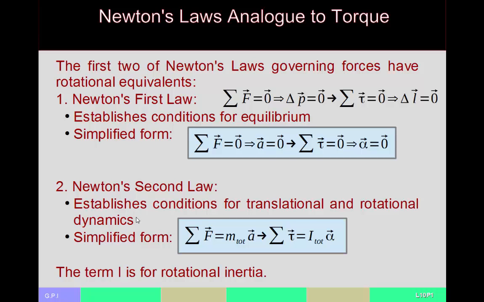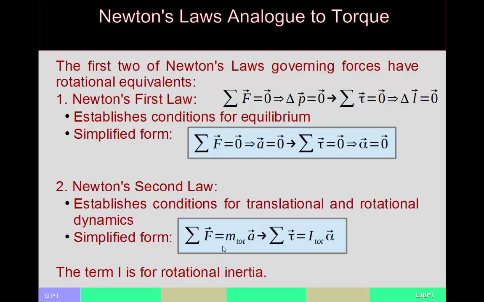Newton's second law analog establishes the condition for rotational dynamics. The simplified form of Newton's second law, as normally stated, is that the sum of forces acting upon an object should be the total mass of the object times the object's acceleration.